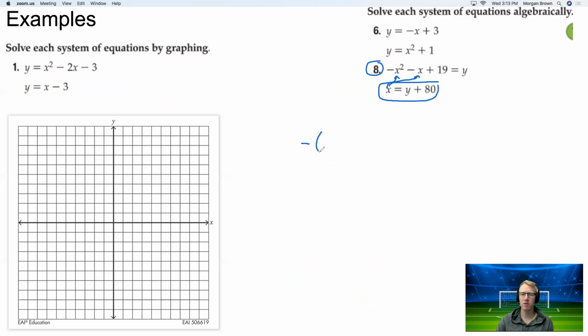I got negative (y plus 80) squared minus (y plus 80) plus 19 equals y. And I hope you can agree that this is going to be a lot more work to solve.